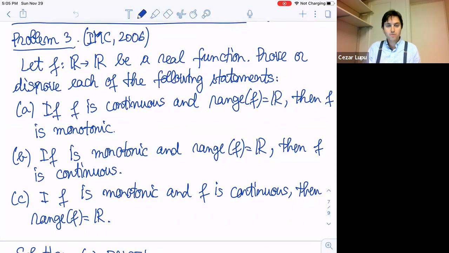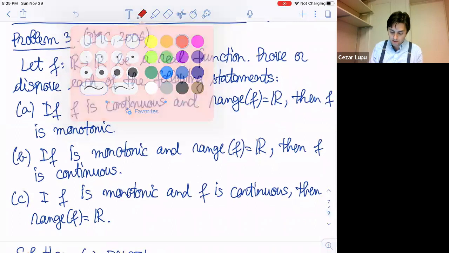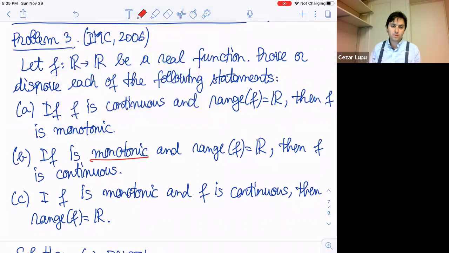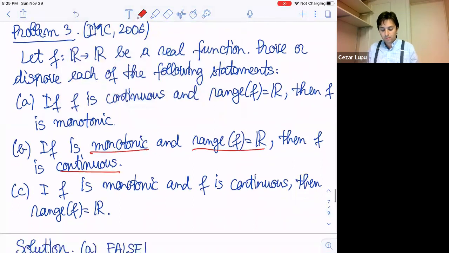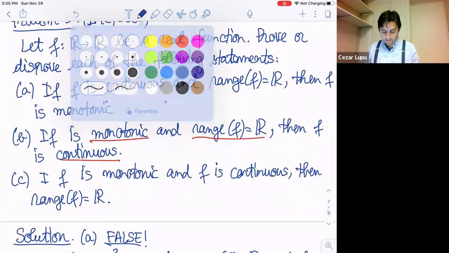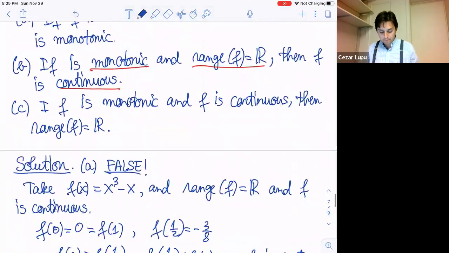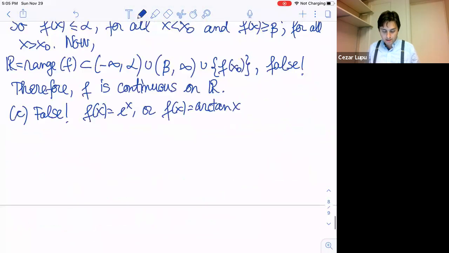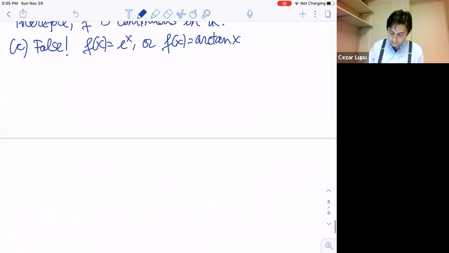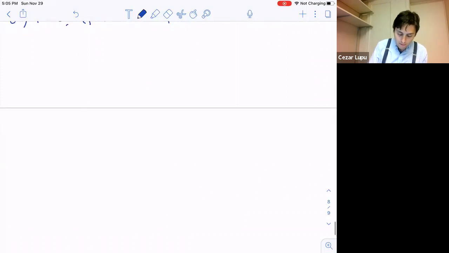All right. But also in this problem 3, there is one thing that we actually proved: if you look at part B, where we said this is true, if f is monotone and the range of f is R, then f is continuous. So in other words, we can say the following. Let's call this theorem 4.